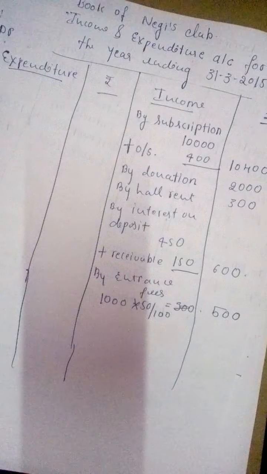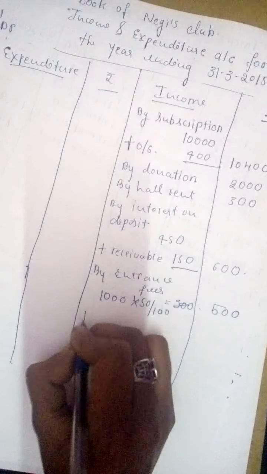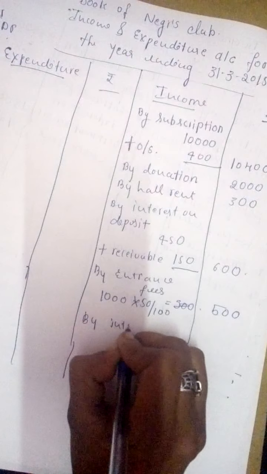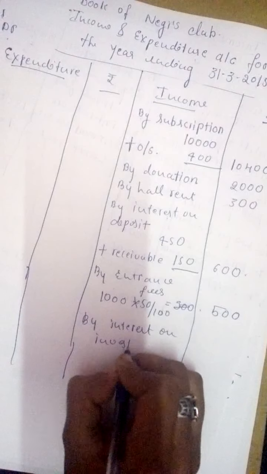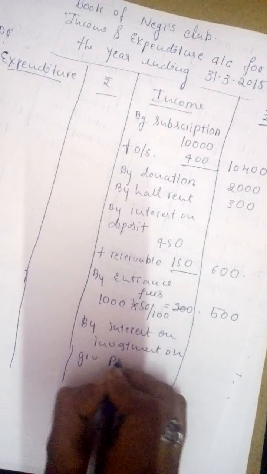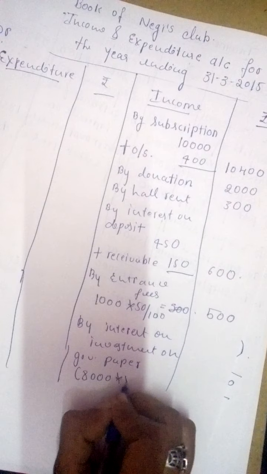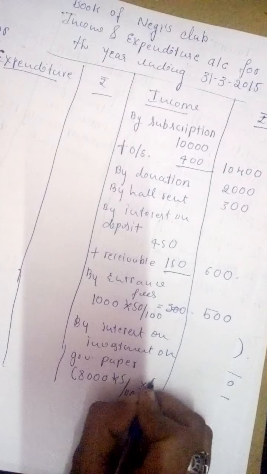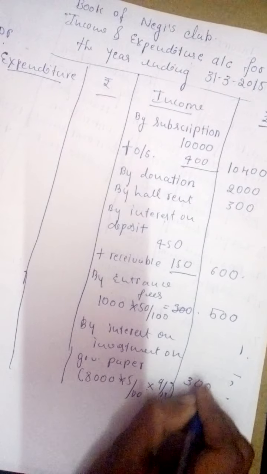So the interest they are receiving now is 300, which they need to write down as interest on investment of government paper. The value is 8,000, percentage is 5%, for 9 months. So that amount is now 300.